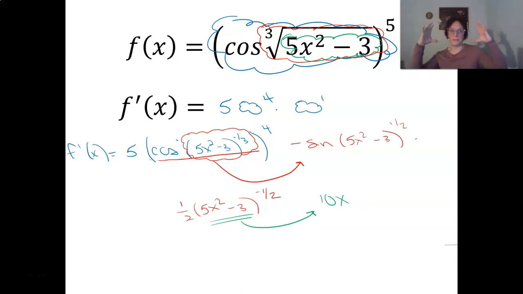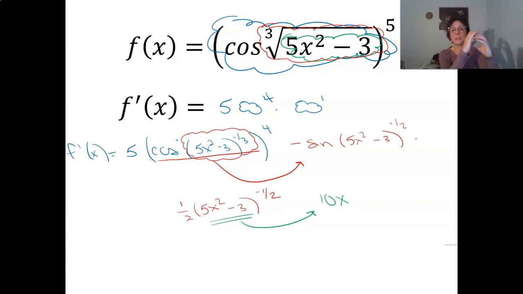So I have this 5th order function. Inside of that is a cosine function. Inside of that is a cubic or cube root function, and inside of that is a quadratic. And when we do the chain rule, we work from the outside in. So we go 5 times my cosine function to the 4th, derivative of my cosine function, which is the negative sine.